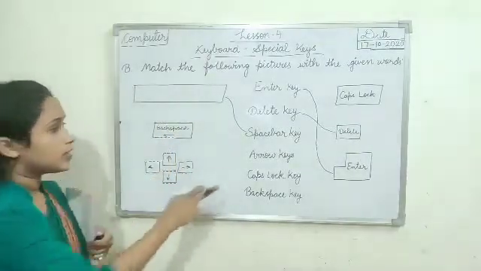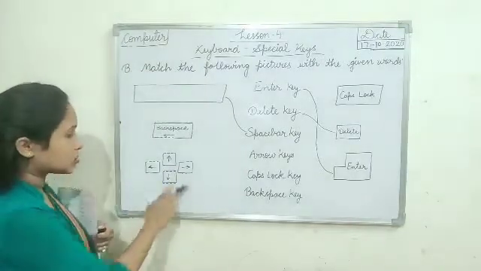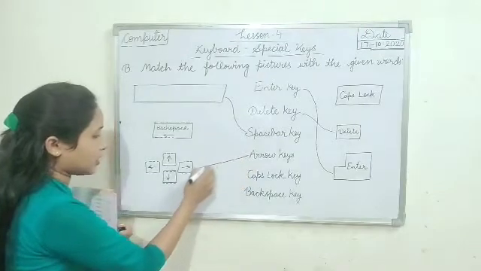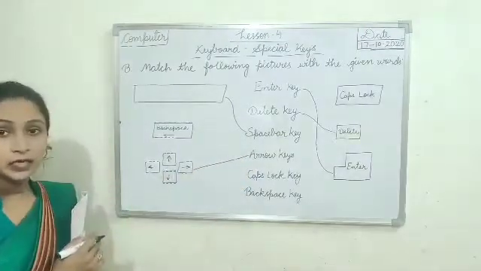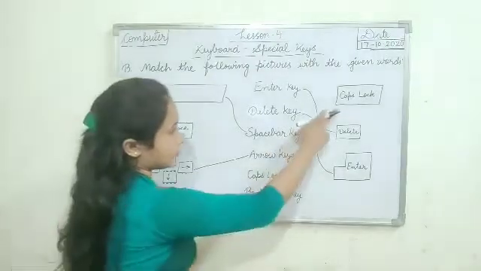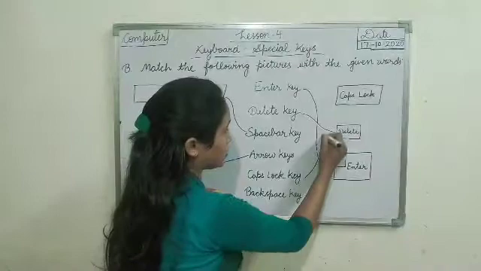Next, arrow keys. These all are arrow keys: up arrow, down arrow, left arrow and right arrow. Clear? Next, caps lock key. Here caps lock is written, so we will match it with the caps lock key.